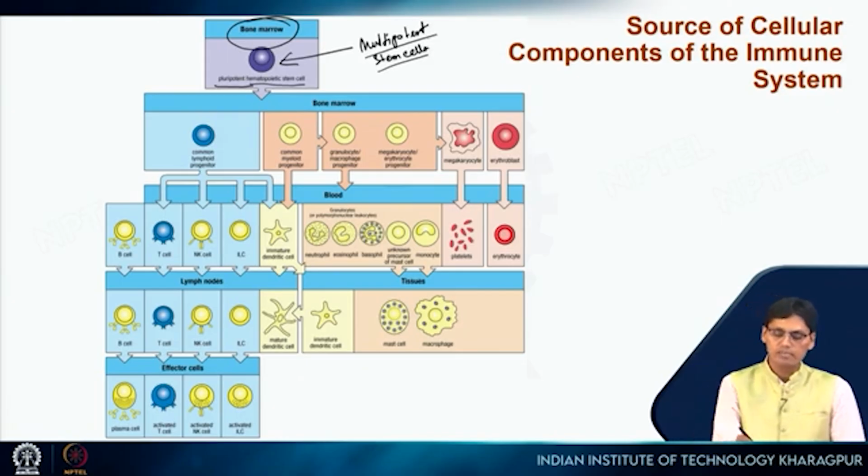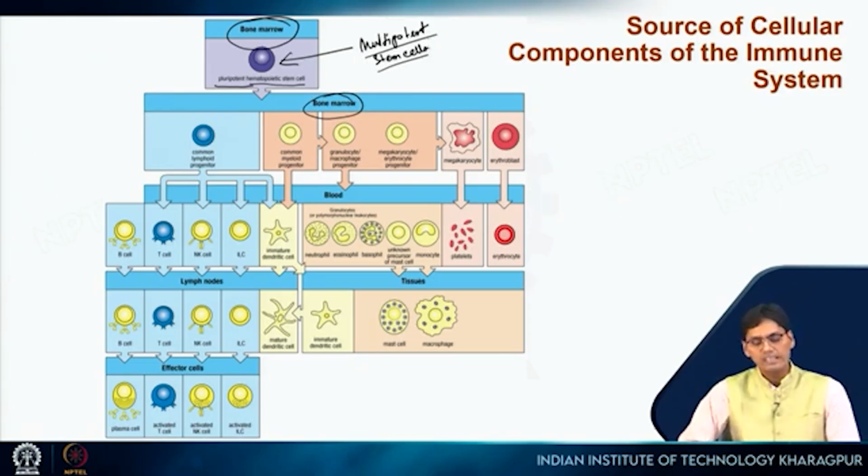And those are present inside the bone marrow. Now, over time, they will differentiate and form different types of blood cells present in our blood, right? What are the different types of blood cells? Immune cells as well as red blood cells, all are present there.